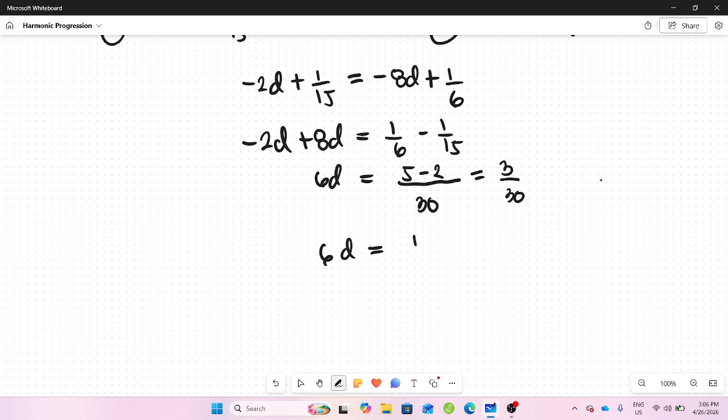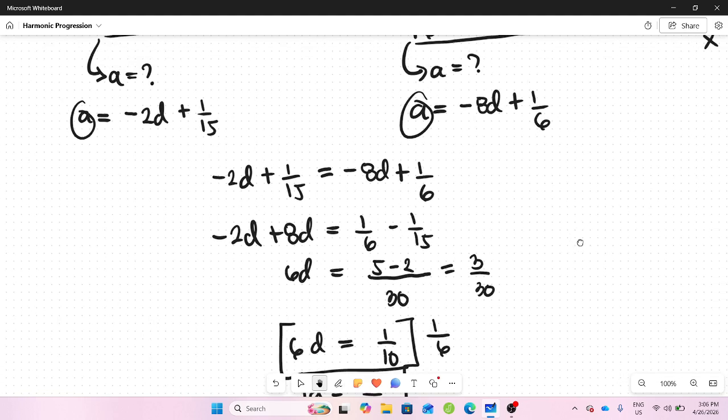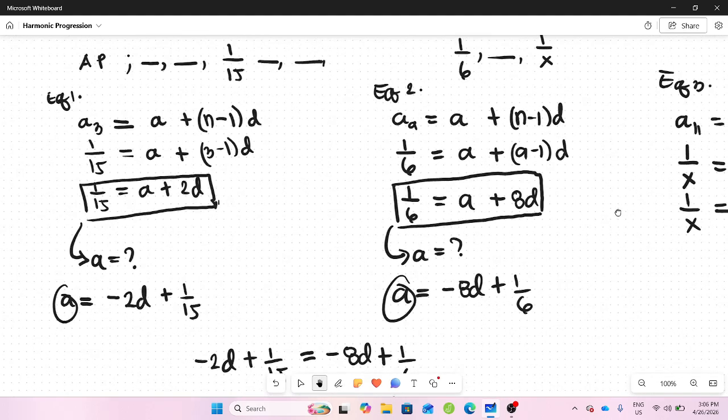We have here 1 over 10. And now we divide both sides by 6. So we get d is 1 over 60. So the common difference is 1 over 60.